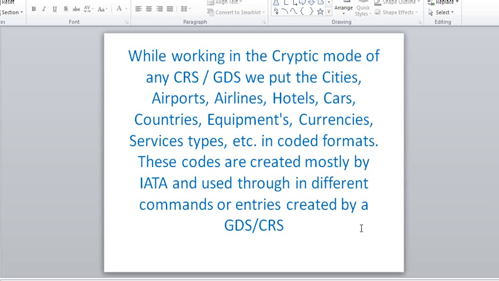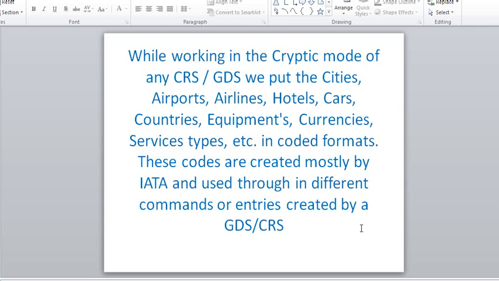One is the graphical mode, which is pretty much similar to the web application of a shopping site, and the other is the cryptic mode, which contains so many commands or entries or syntax. Those entries or commands are created by the GDS for their operation, and through the cryptic mode the travel professionals can work at lightning speed. Generally the cryptic mode is adopted by most travel professionals.